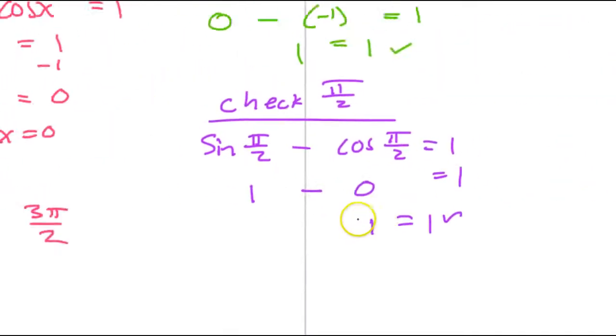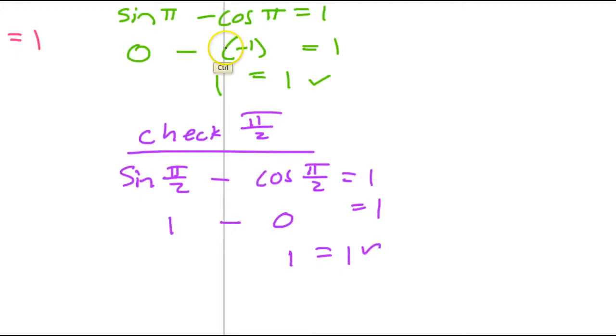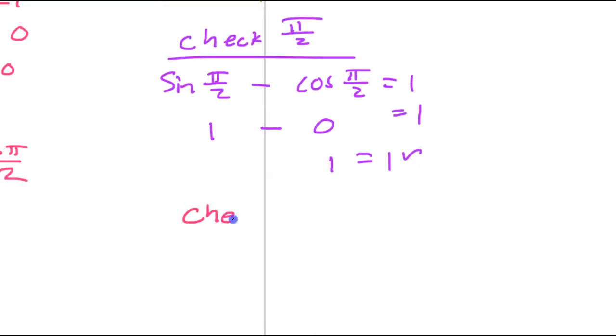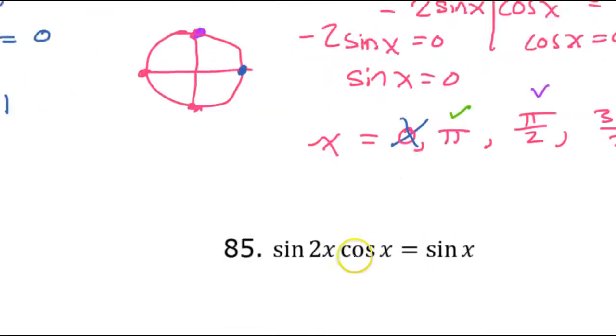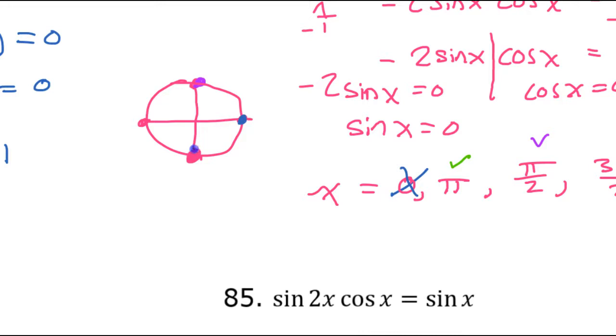Okay, now finally, what about 3 pi over 2? So that would be the sine of 3 pi over 2 minus the cosine of 3 pi over 2. And we have to see if that equals 1. So, of course, 3 pi over 2 is right here, where sine is negative 1 and cosine is 0.